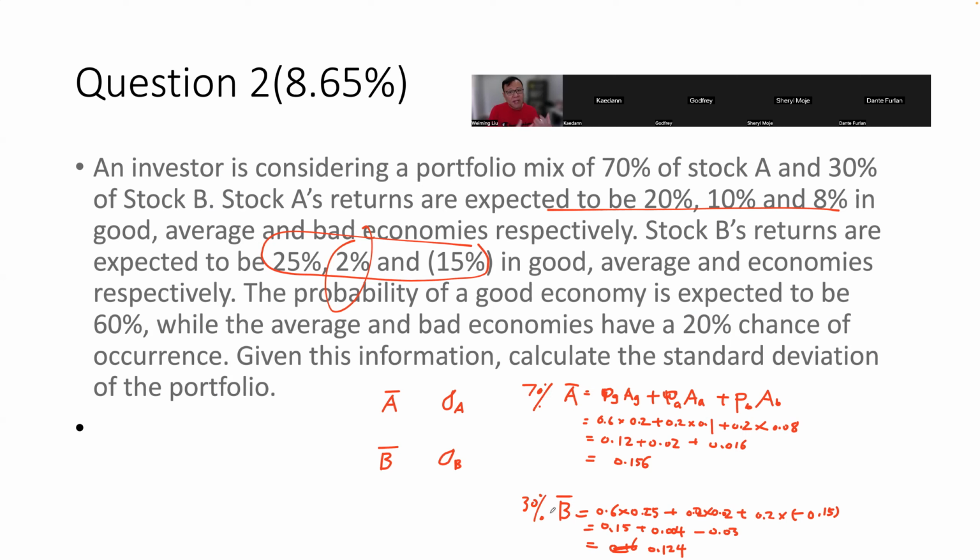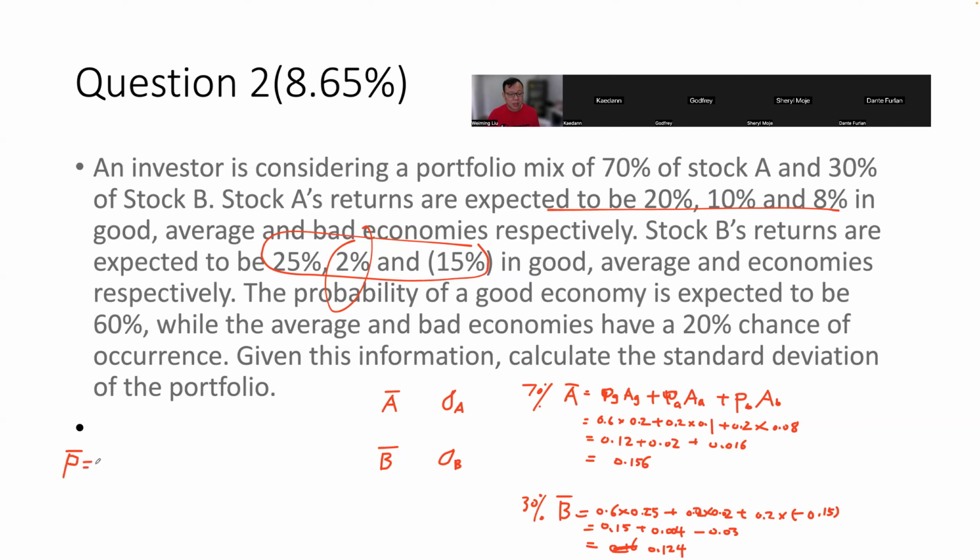So I allocated 70% of my funding to A, 30% to B. So now think about the portfolio's average.